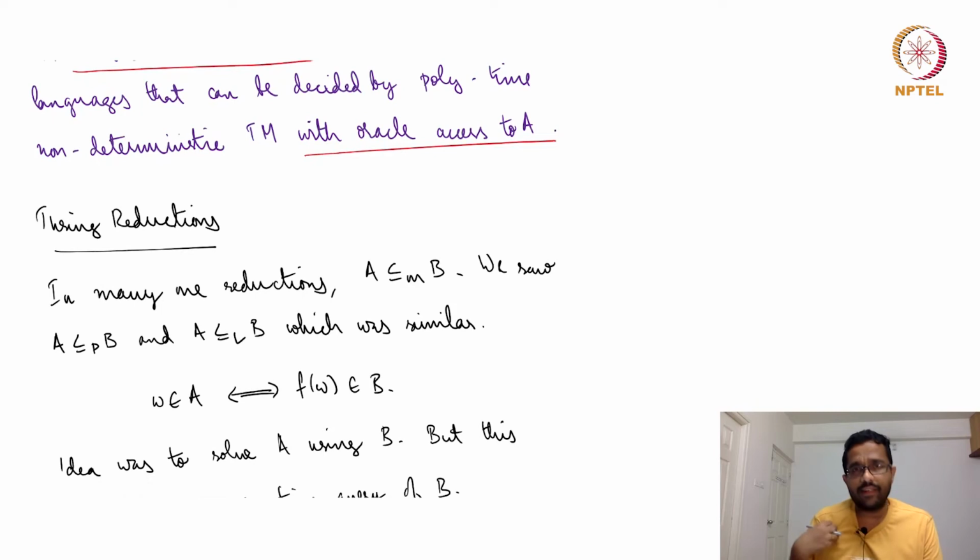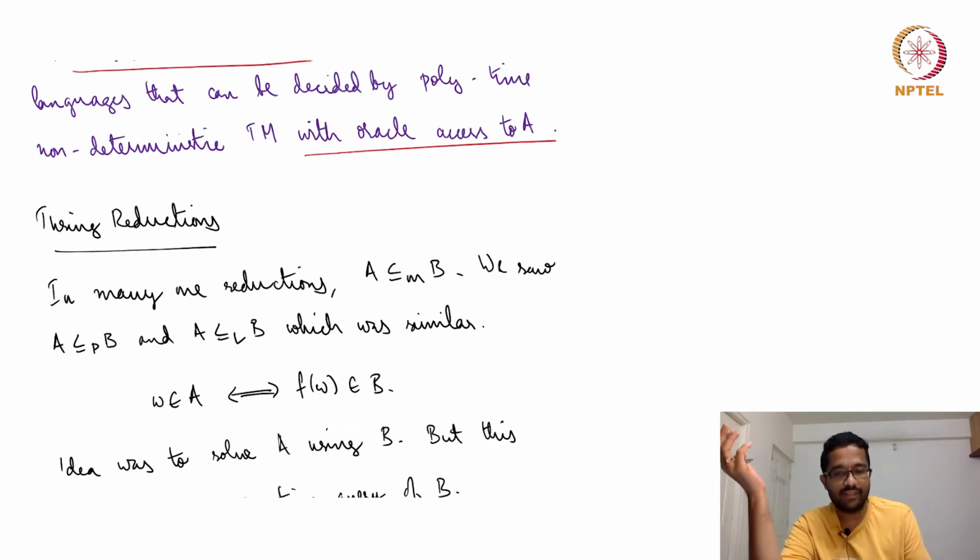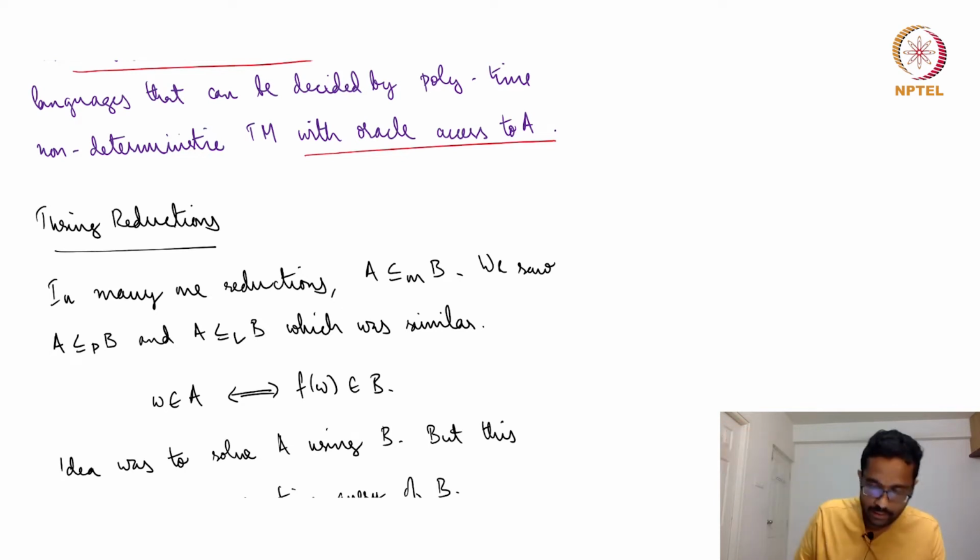So what is the reason for making this definition, or what is the motivation behind this? So we have seen many-one reductions, right, which is denoted A less than or equal to subscript m B, right? Although we didn't define it in this course, you must have seen it in the theory of computation course in your undergrad. But the same principle applies for the polynomial time and log space reductions, both of which we saw in this course, right? So what was the principle there?